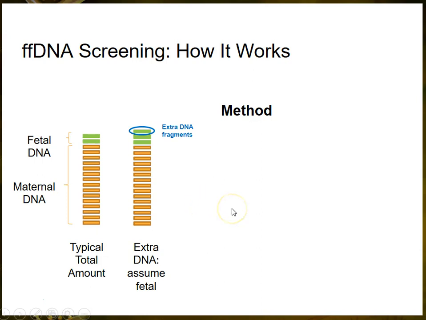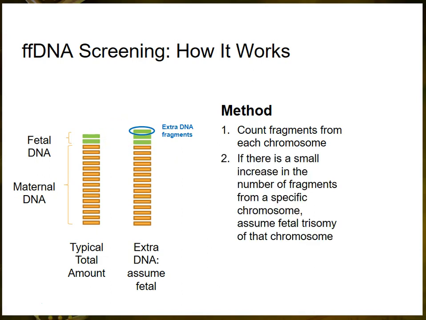When there are additional fragments than what would be expected, we assume these additional fragments are of fetal origin. That's true most of the time, except for what if the mother had triple X and she had a male fetus? You might think that the fetus had Klinefelter syndrome.